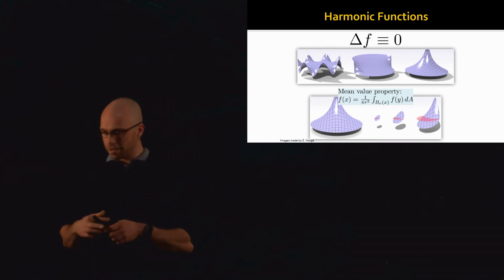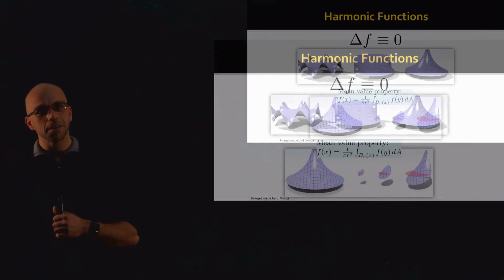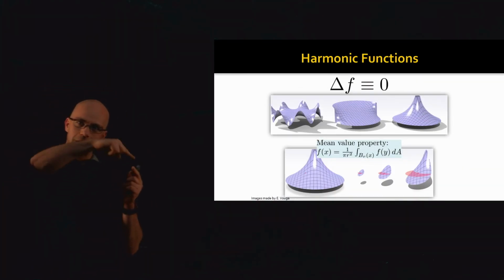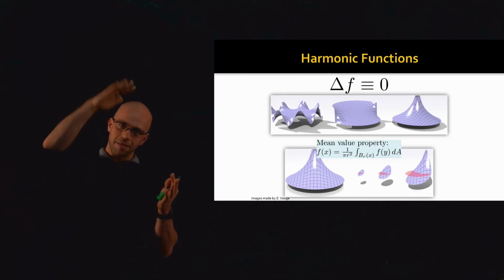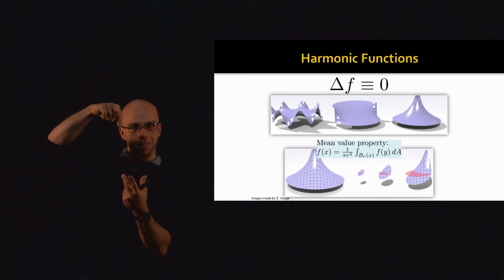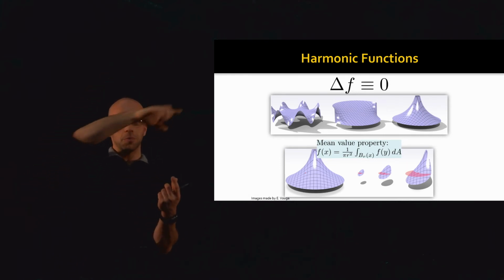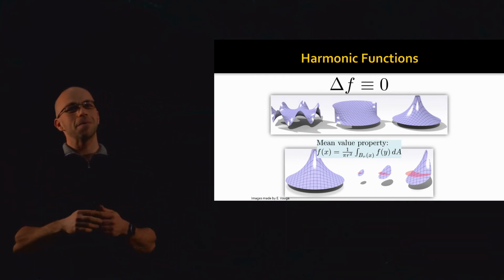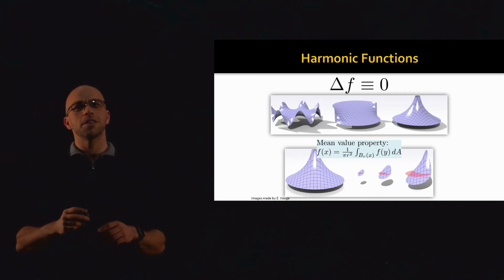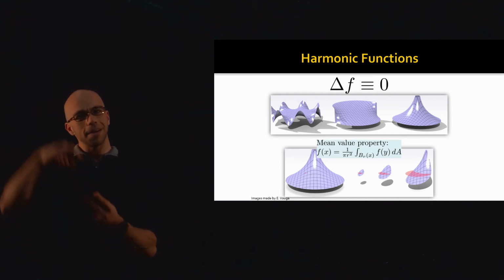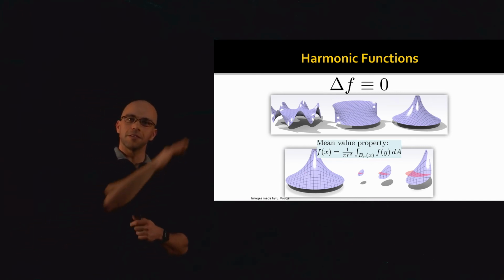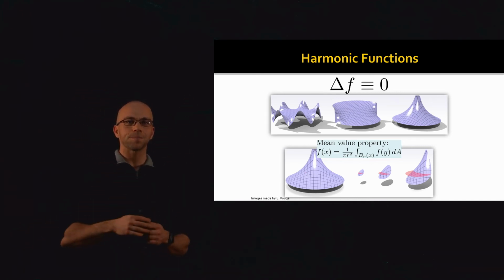So in this little schematic here, we can think of these shapes as like somebody pinned down the values of our function, which are like heights over the plane, along the boundaries, like the outer loop, or maybe the outer loop plus the inner loop in this toroidal example, and then solved this harmonic equation to interpolate those boundary heights to the interior of the domain, and you get these interesting looking functions like what are shown in here.